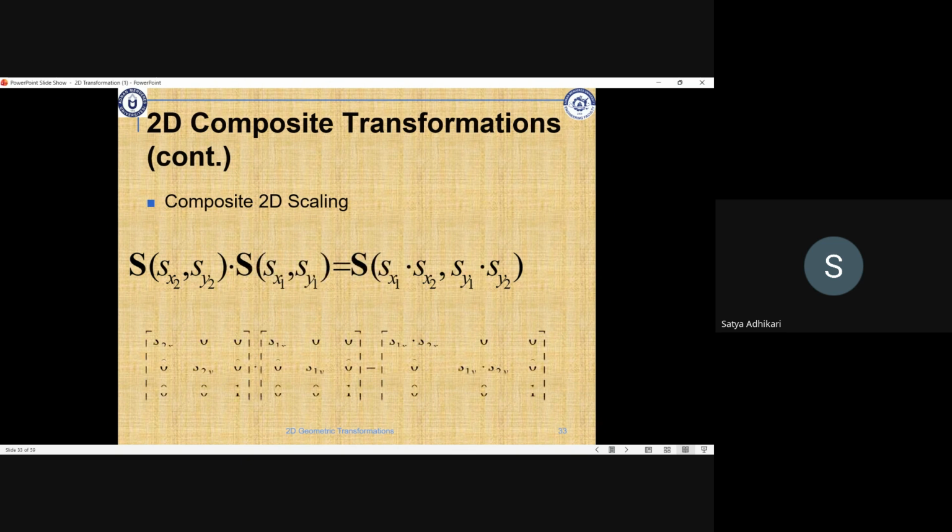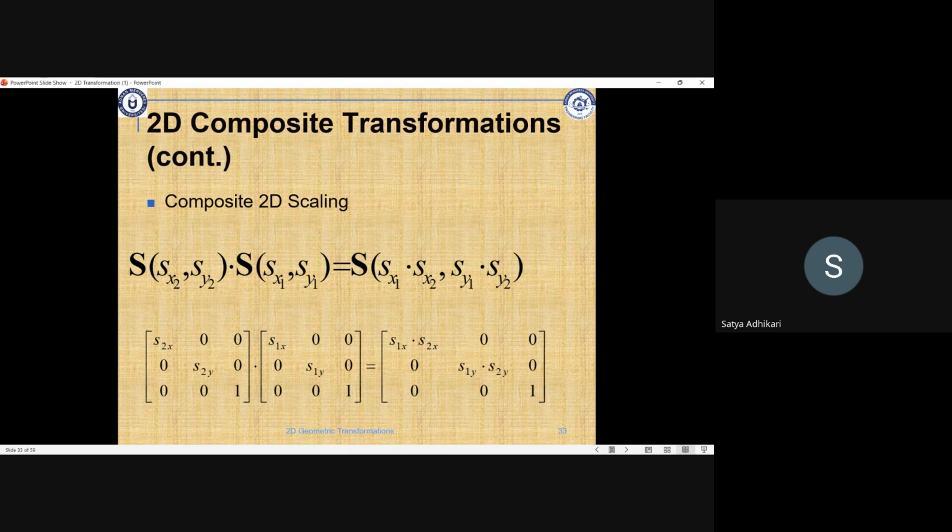Similarly, in the case of composite 2D scaling, you see the two scale factors are multiplied. Suppose the first scale factor is 1 by 2 and the second is 3. So 1 by 2 into 3, 3 by 2 is applied. So you need not apply the first scaling matrix, then the second, followed by the third, fourth.